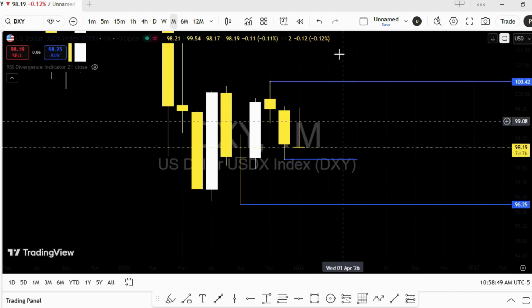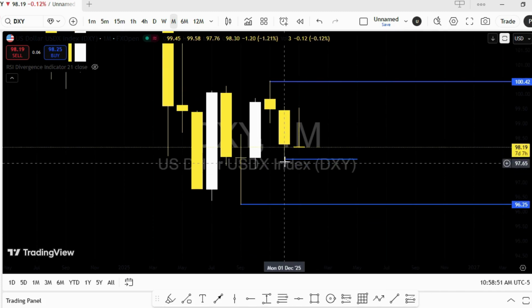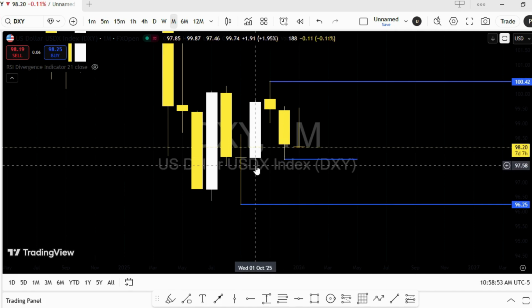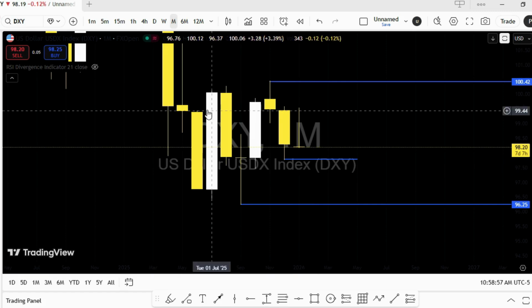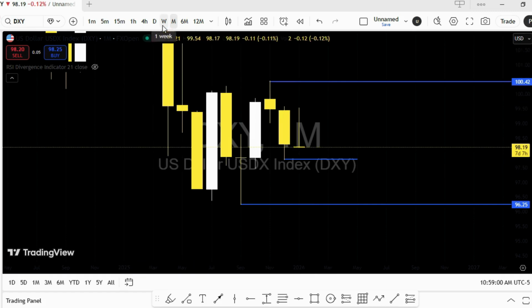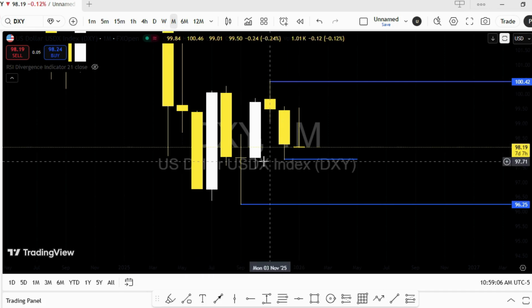So this is our dealing range, and this is our next draw on liquidity from this candle. So that means we are overall what? Bearish. So we have to look for PD arrays within the premium towards the equilibrium level to push price down.